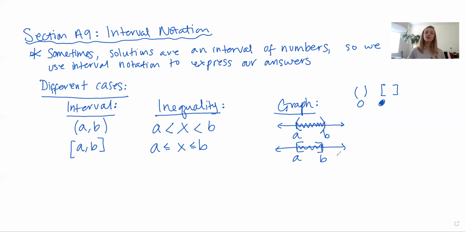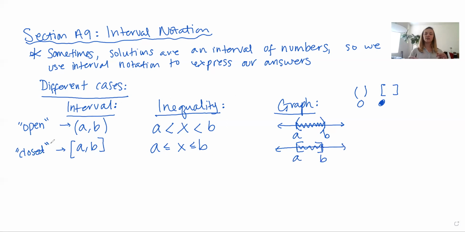All right, so those are two possible cases we might see. The first one with those parentheses is what we call an open interval. When they're both brackets, we call that a closed interval.